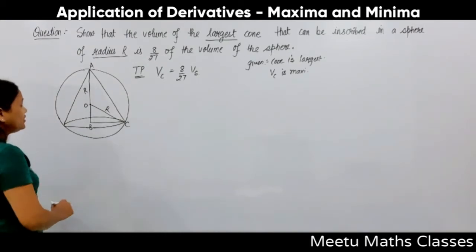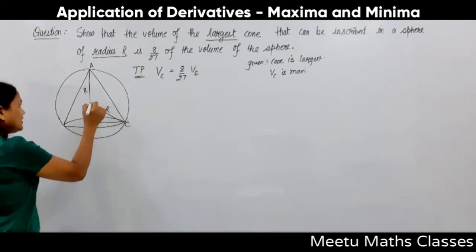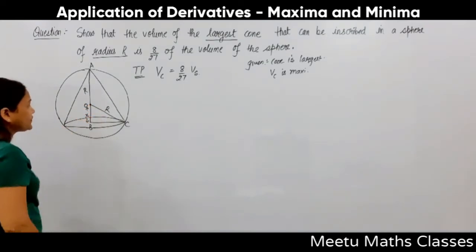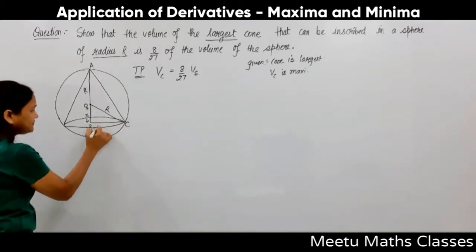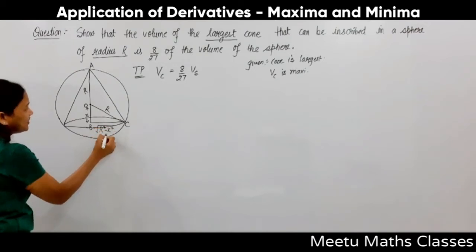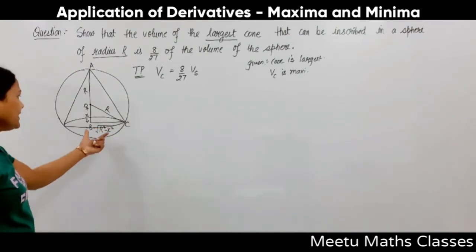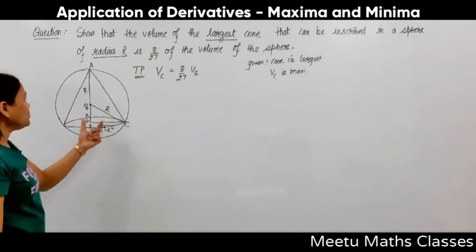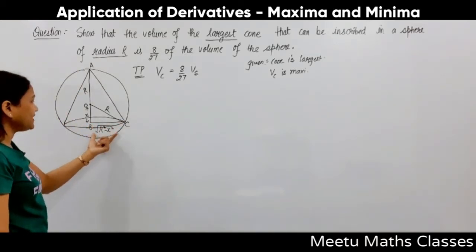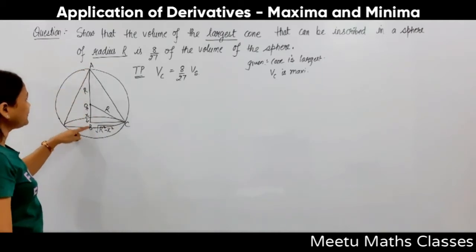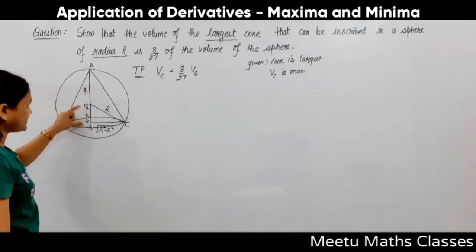So first of all, let us take a variable OB, let OB be x. So if you apply the Pythagoras theorem in triangle OBC, then BC will be the square root of r square minus x square. So we have easily found the radius of the cone, and the height of the cone is r plus x.